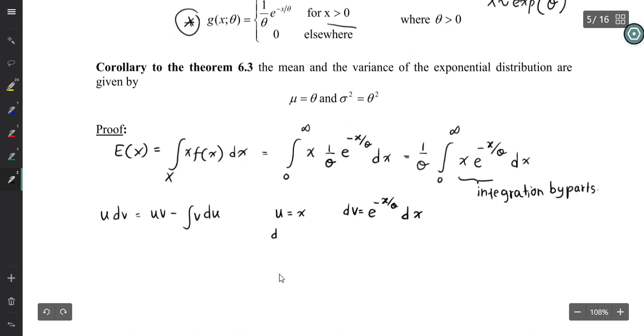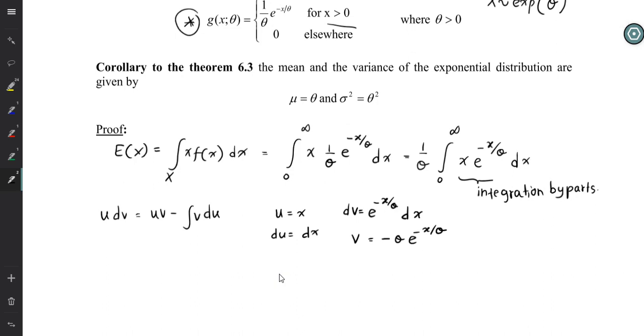Which means du will be simply dx, and our v will be negative theta e to the negative x over theta. Okay, so how do you figure out which is going to be u and which is going to be dv?